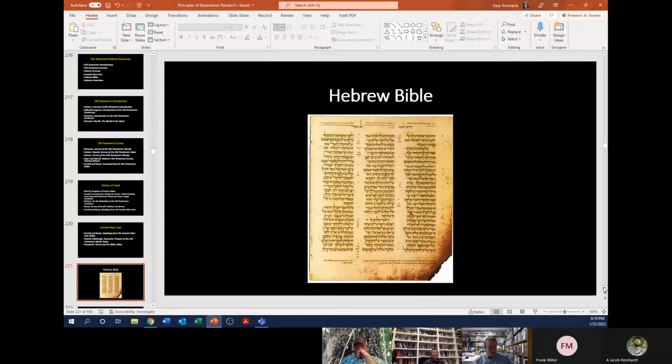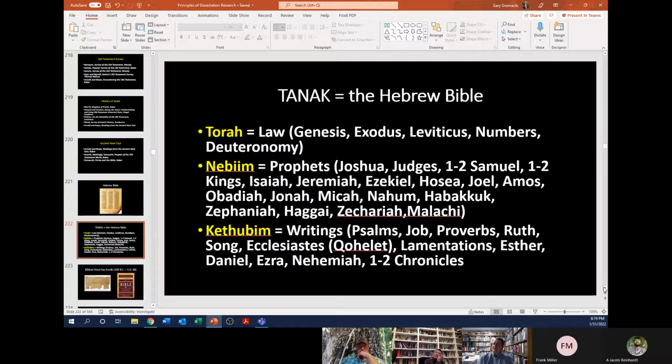Now, as we get into the Hebrew Bible, hopefully you're still reviewing your Hebrew. We're going to talk about the Tanakh. For instance, cohort 1 is right now into the former prophets.